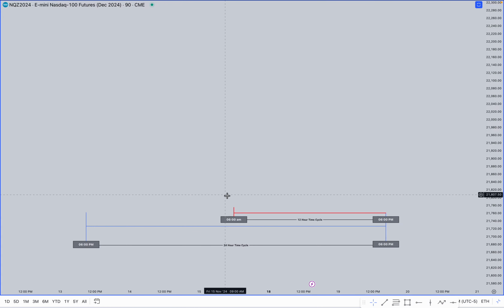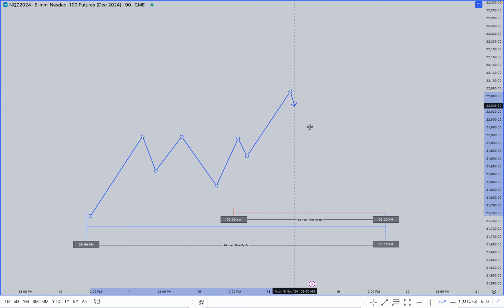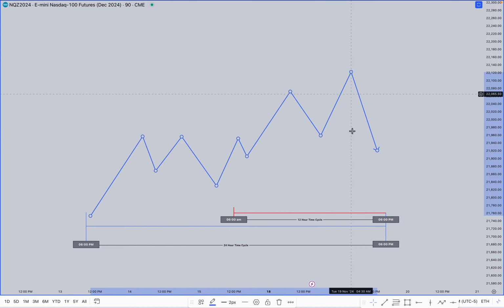So let's say we have a price distribution or price fluctuation like this, right? Like this, right? And right now we are at what time? 6.